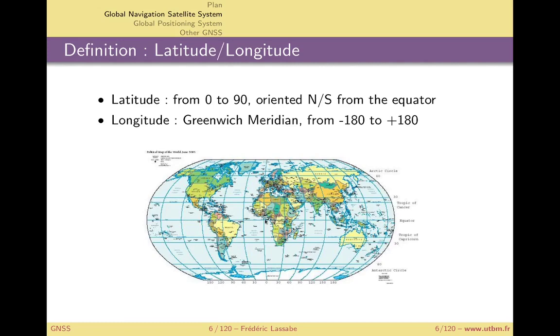The longitude starts at 0 from the Greenwich meridian here and goes from minus 180 degrees to 180 degrees, or 180 degrees west to 180 degrees east. So it's the WGS 84 coordinate system that we talked about during the GIS part.